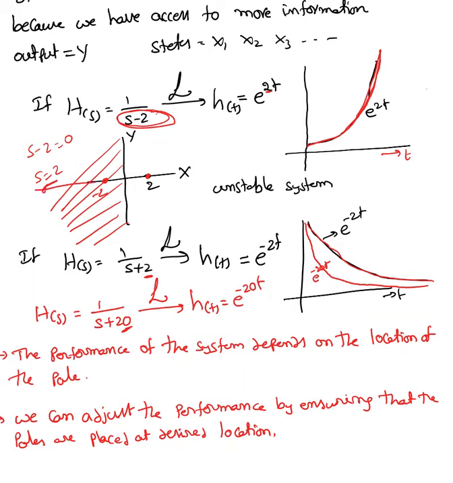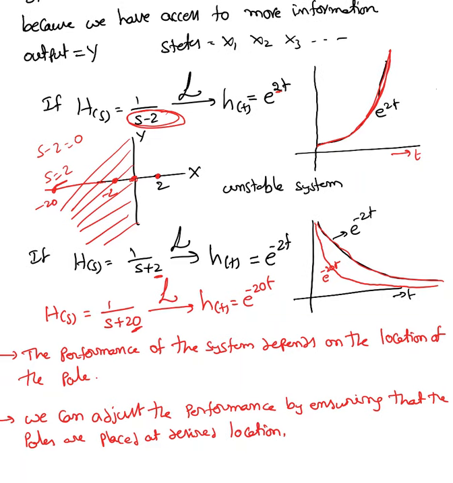Minus 20 is somewhere there. So if we have a pole which is far away from the origin, then that system is going to settle faster than a system which has a pole closer to the origin. That's what it says. So the performance of the system depends upon the location of the pole.